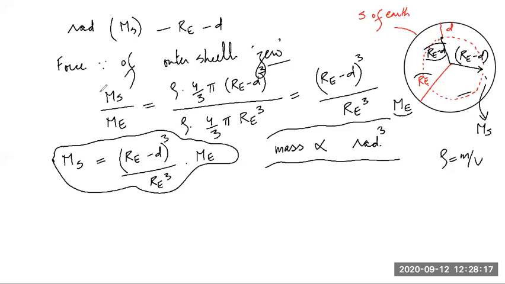Can't you see from here? Ms is proportional to Re minus d cube, because Ms is the mass of the smaller sphere encircled by these red lines.